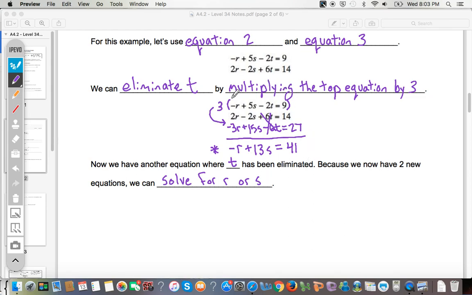So we took our 3 variable equations, and from those 3 equations found 2 new equations where 1 variable was eliminated, in this example t, and now we have 2 new equations, both 2 variable, which we know how to solve, in terms of r and s. Great.